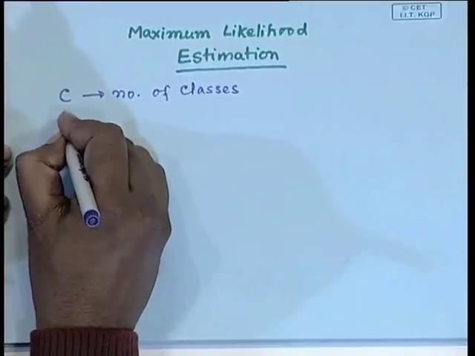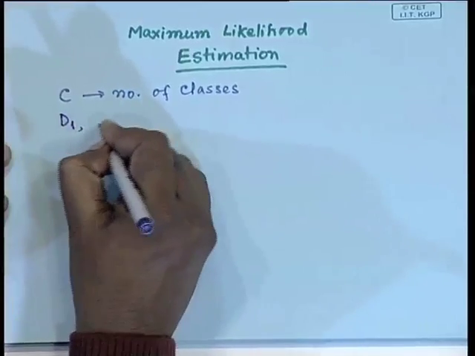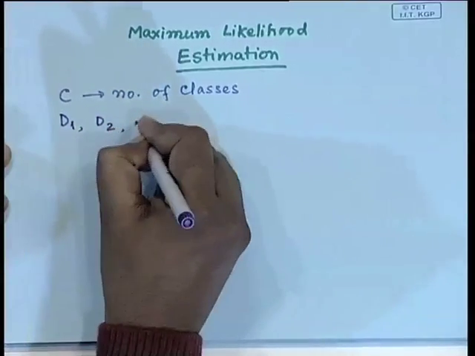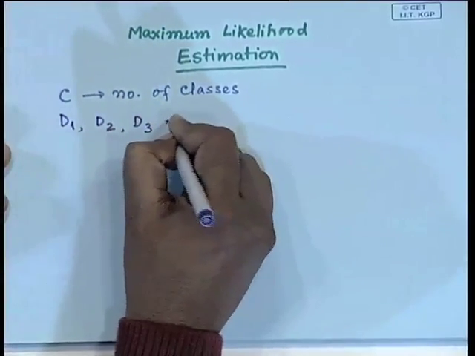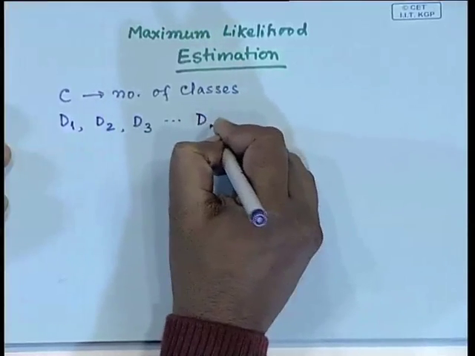As we have c number of classes, naturally we assume that we have c sets of feature vectors, which we represent as D1, D2, D3 up to Dc.